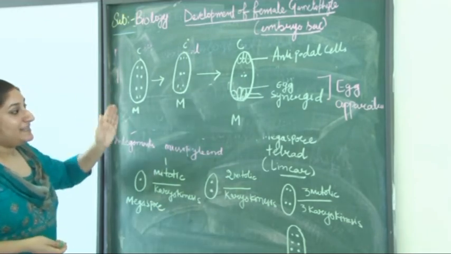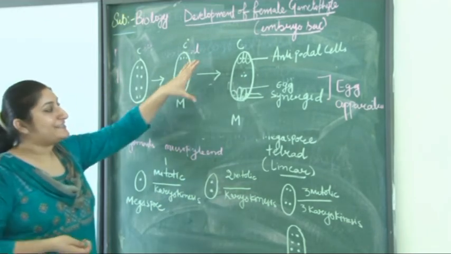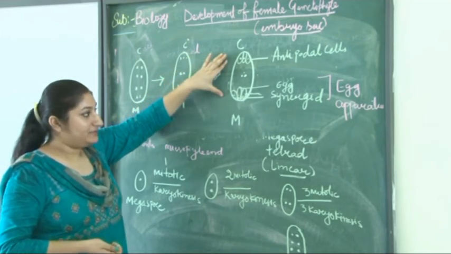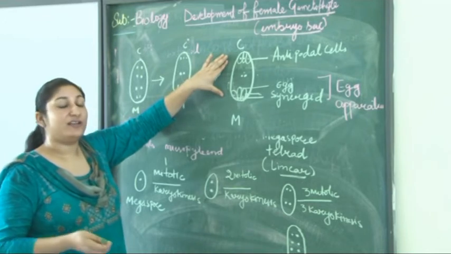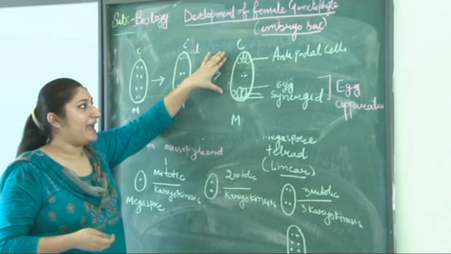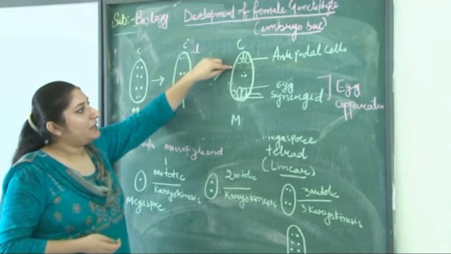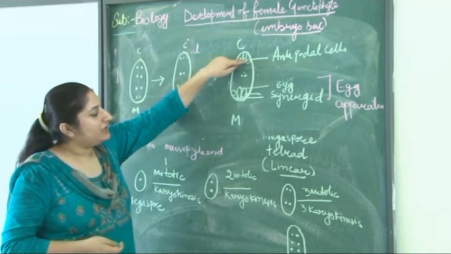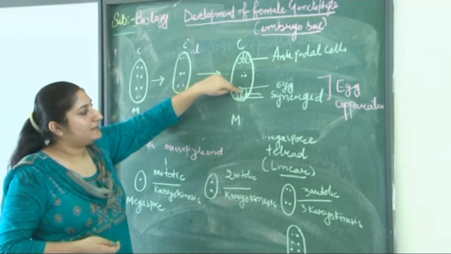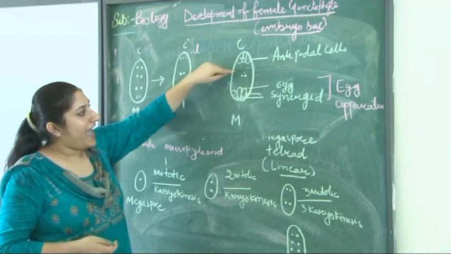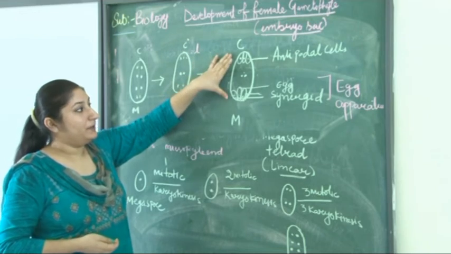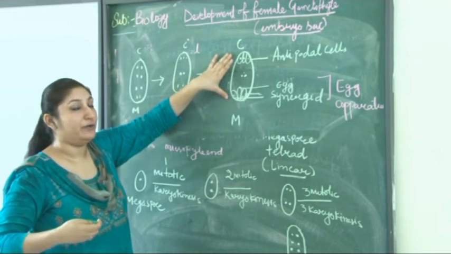If you see carefully, the name of this structure is now embryo sac, because there are 1, 2, 3, 4, 5, 6 cells and one central cell. So how many cells and how many nuclei will this structure have?